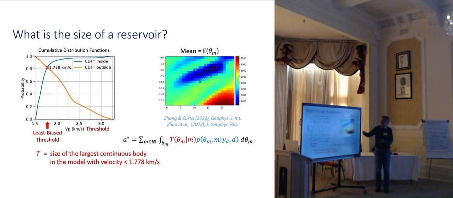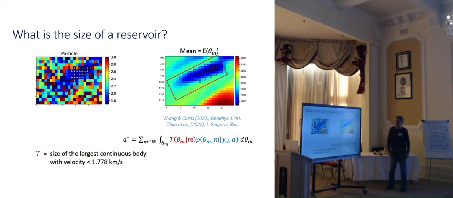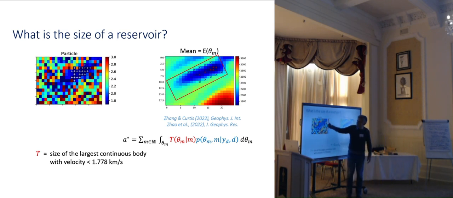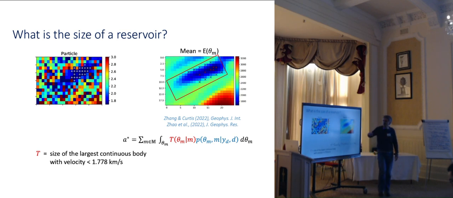And so now we can take any particular model and transform it into a reservoir volume, and we simply average this formula over all those different parameters. And here's an example. This is one of the actual images, and we just see that these are the cells which are defined as inside because they're above 1.8. And so that gives us a volume.